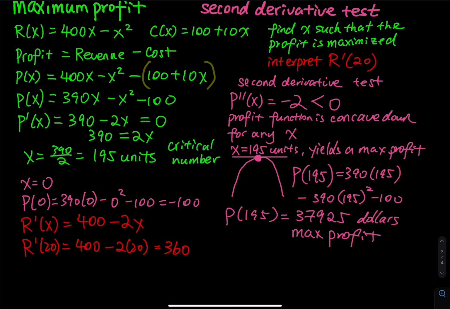This is a rate of change. Be aware, this is a rate of change. So we are no longer in dollars. We are in dollars per unit. But what does that mean? The marginal revenue.